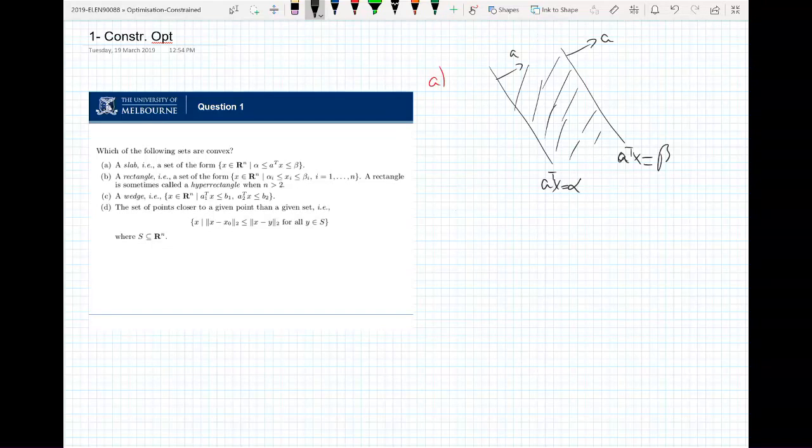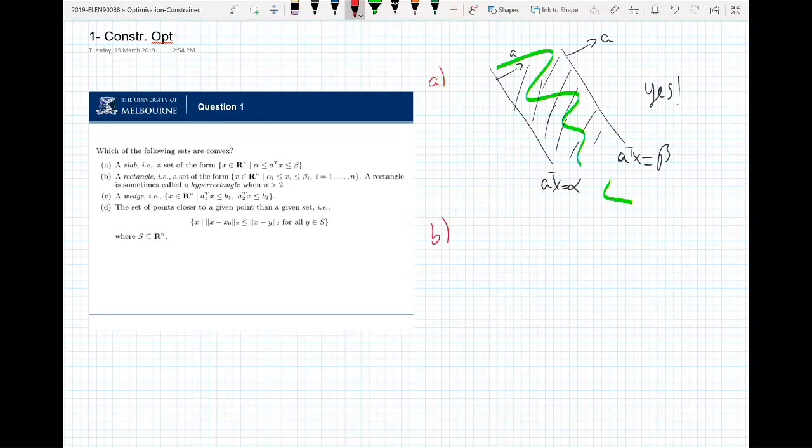And then you get this big space in between, and that would be a slab. Is this convex? Yes. You can prove it mathematically as well, but intuitively it is convex. Good. So you see this half space thing is pretty straightforward once you get used to it.